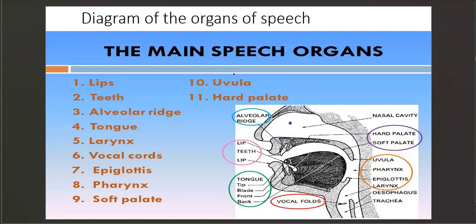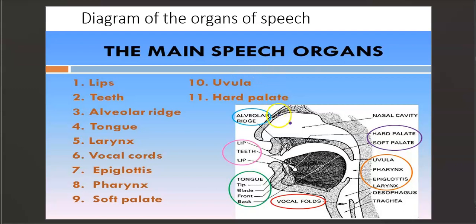Today I've specifically looked at the main organs that we should know for now. As you continue growing, you will learn and understand different organs that help us in delivering our speech.